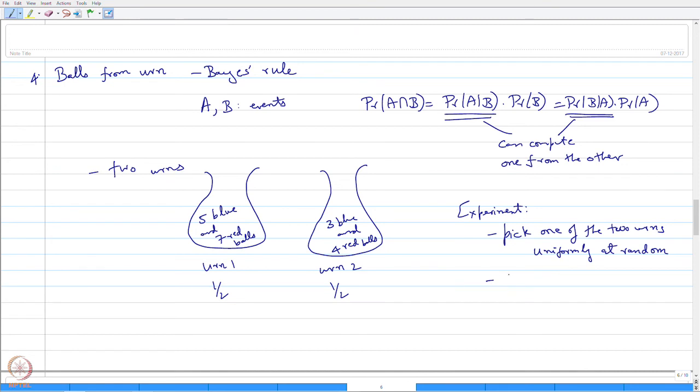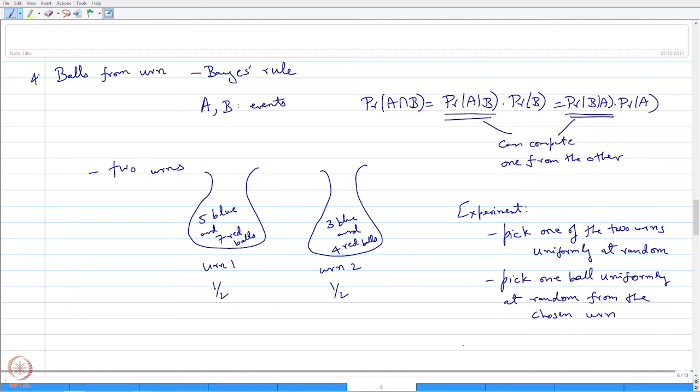After you have chosen the urn, you pick one ball at random, uniformly at random, from the chosen urn. So, this is what happens. You pick one urn at random uniformly, half each, and then after you have chosen the urn, I am going to pick a ball from that urn.